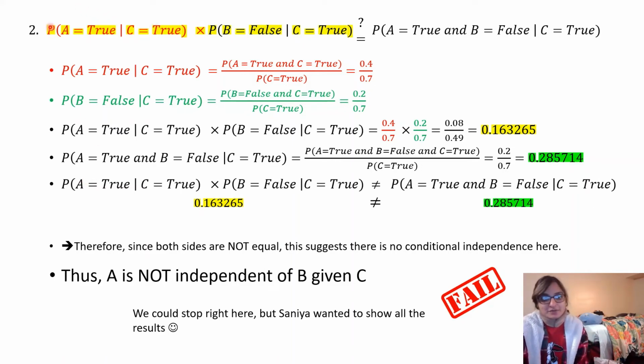So next I want to check: is the probability that A is true given C is true, multiplied by the probability B is false given C is true, equal to the probability A is true and B is false given that C is true? Let's see if that is the case.